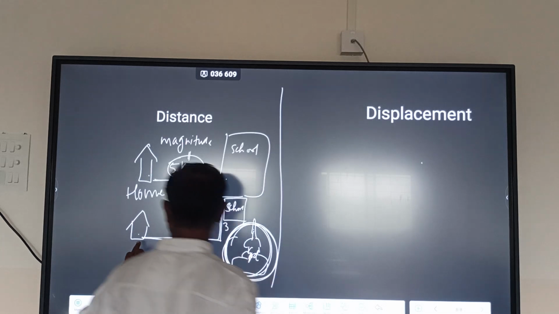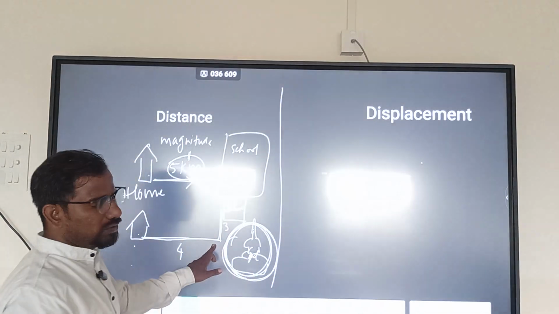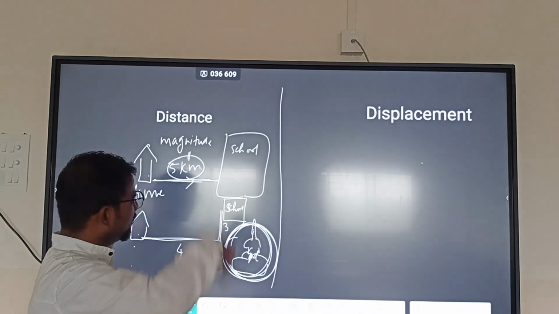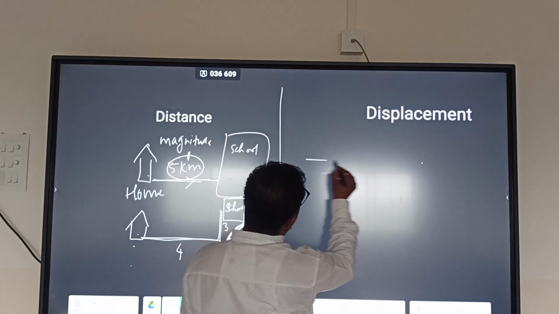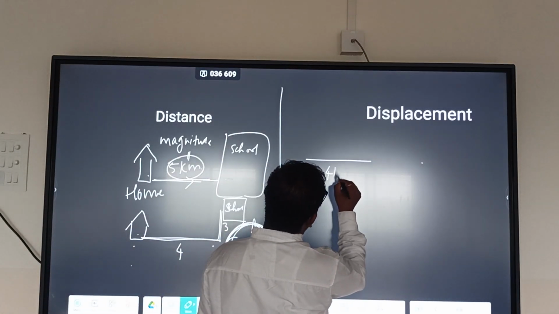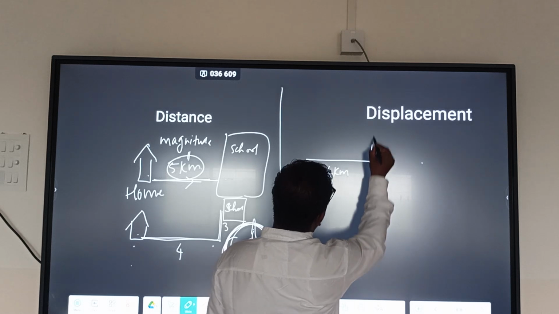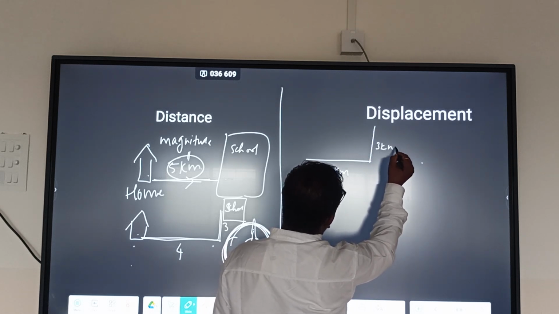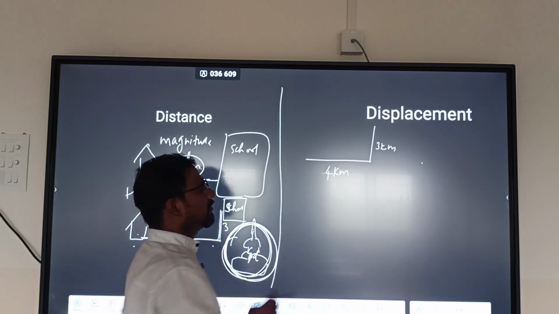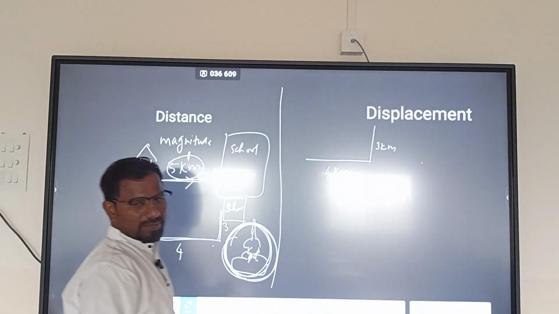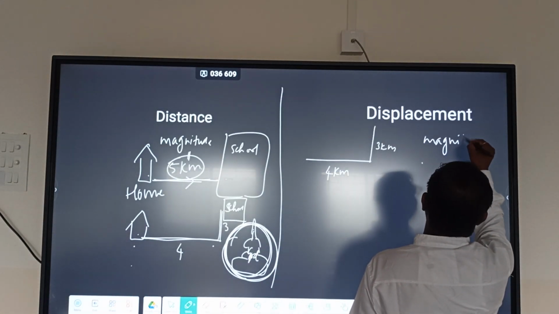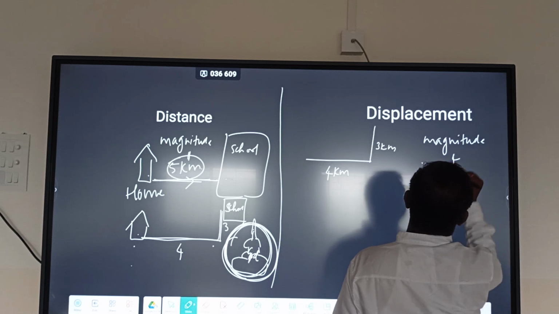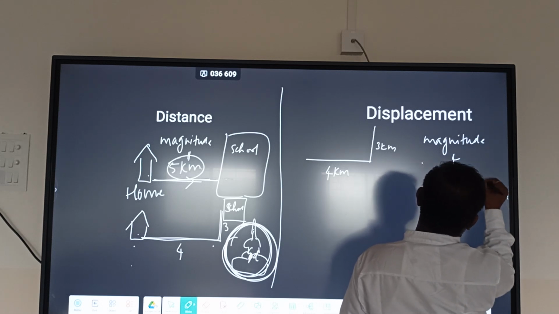Here the student goes first towards the west and then turns to the north. Displacement is 4 kilometers in one direction and 3 kilometers in the other. Displacement tells about magnitude as well as direction, isn't it, my dear students?